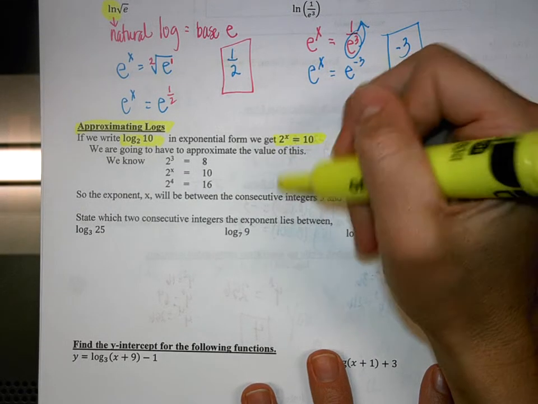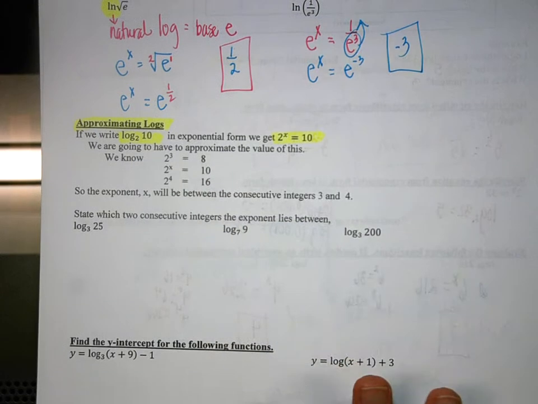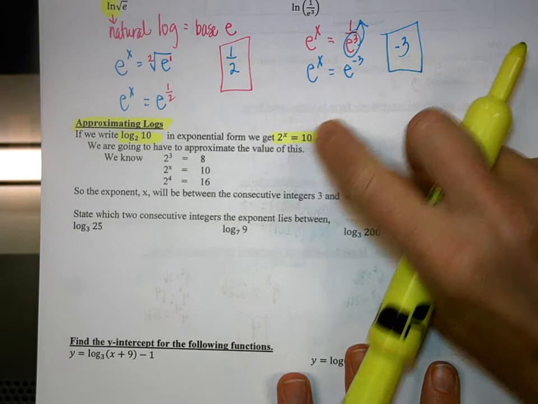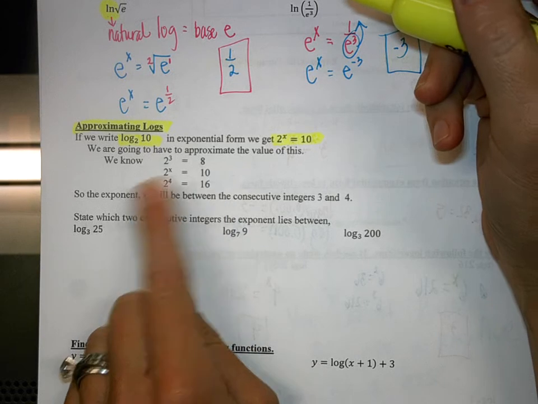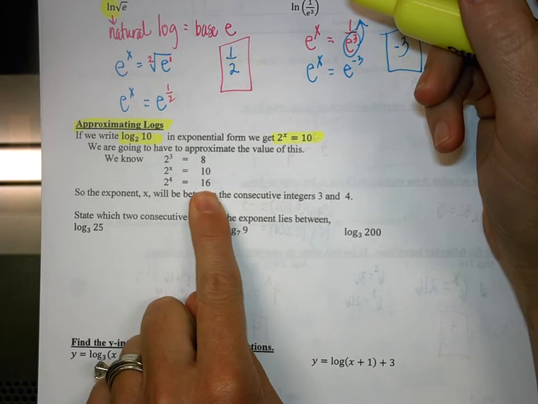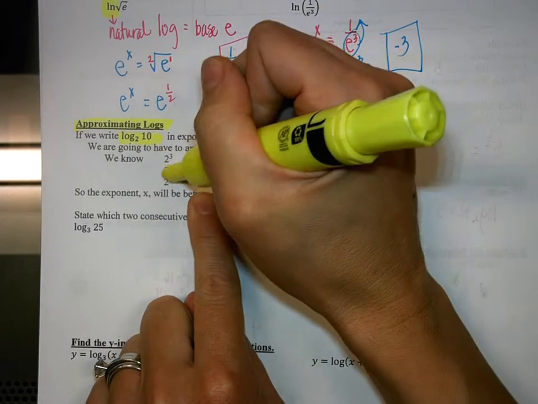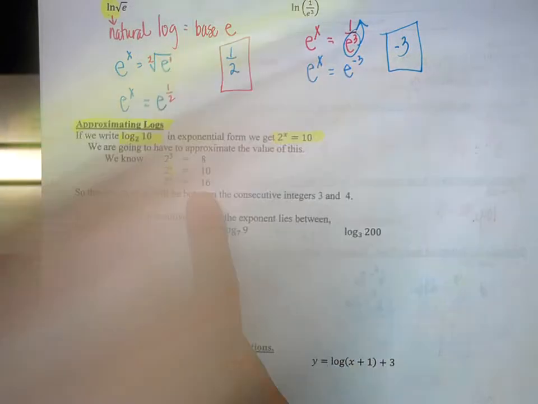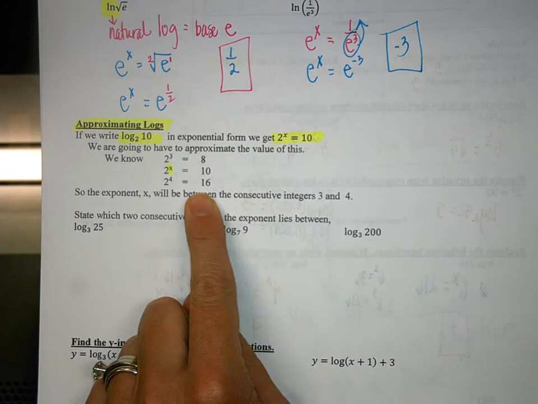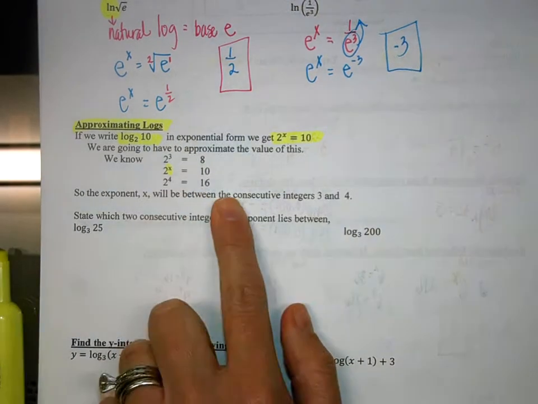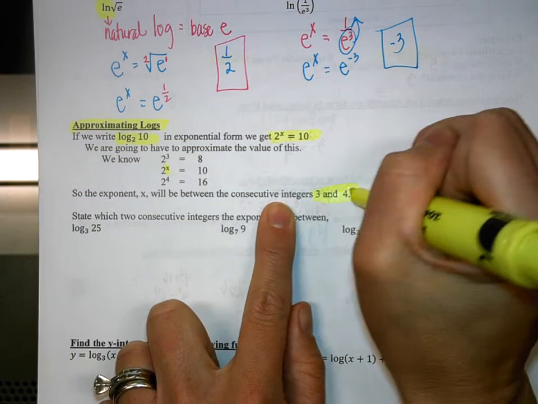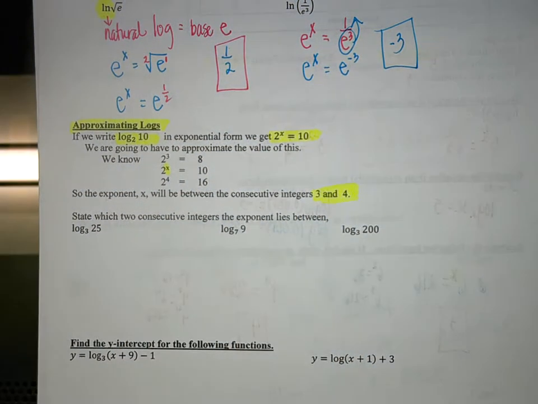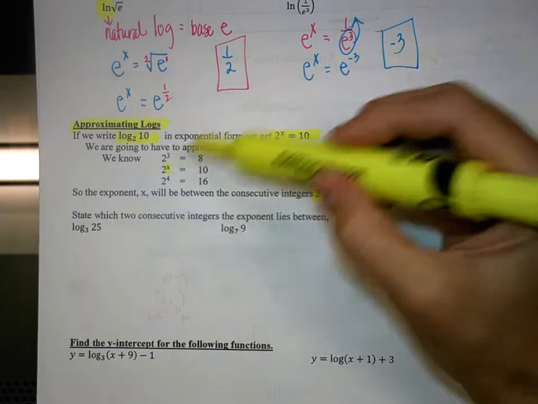And the answer is no, you can't figure out 2 to what power is 10. But we do know that 2 to the third power is 8, and we know that 2 to the fourth power is 16. So therefore the value of x for this answer is going to be something in between 3 and 4.